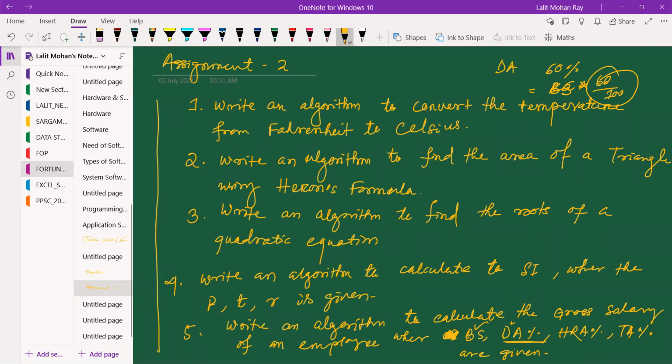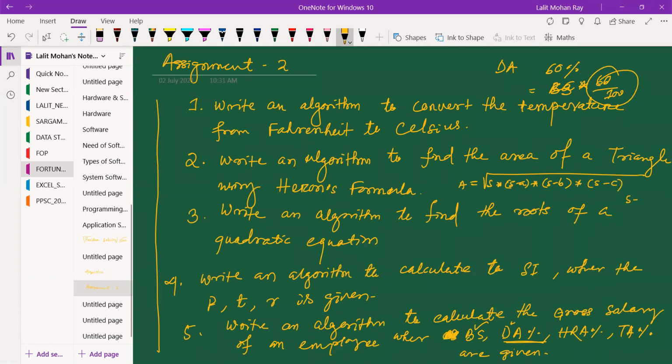This is A plus B plus C, this is not the Heron's formula. Area equals square root of S into S minus A into S minus B into S minus C. Very good.